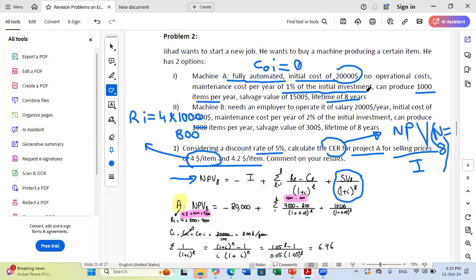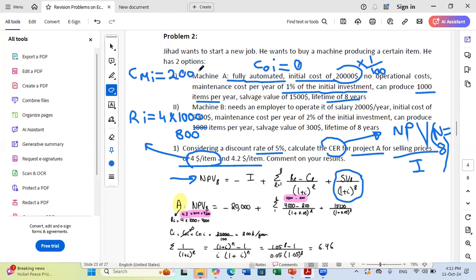So all we have to do is to multiply 20,000 by 1 over 100, which is $200. So we can say that the maintenance cost, CMI, is equal to $200.